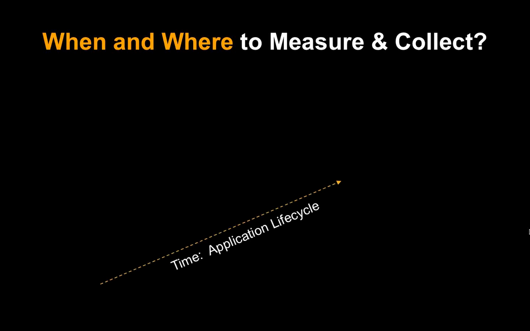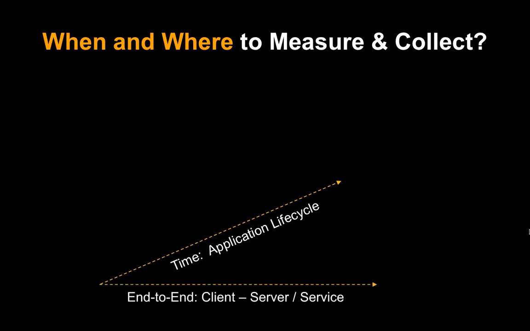The first axis here is time. So when it comes to time, you have your application, your product or service. It has a life cycle from the beginning to the end of the lifetime of your application. So that axis is time. The second axis is the end-to-end view from your customers and their client applications, their client devices, all the way back to your product, your servers, and the services that you're relying on.